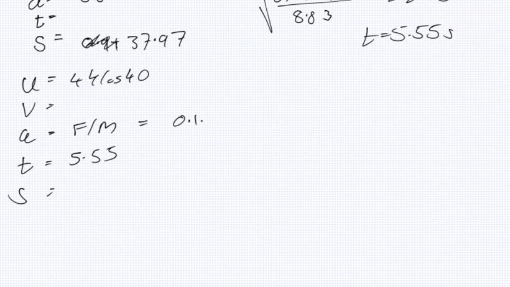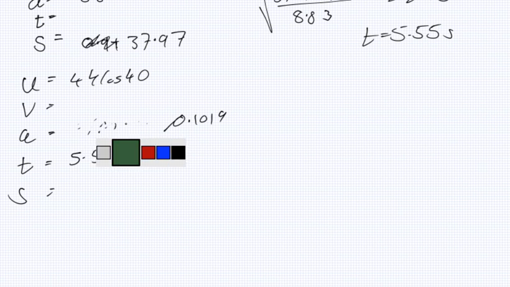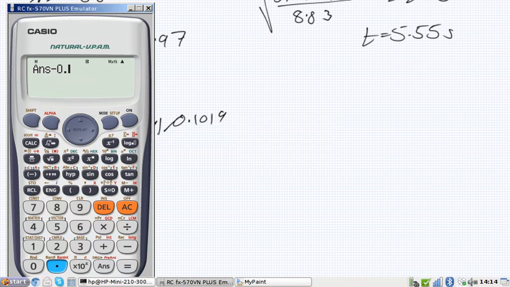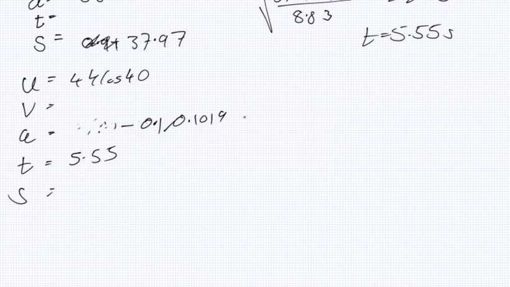So that would be 0.1019 as the mass, and above that is the force, which is minus 0.1. Minus 0.1 divided by 0.1019 comes in at a deceleration of minus 0.981.